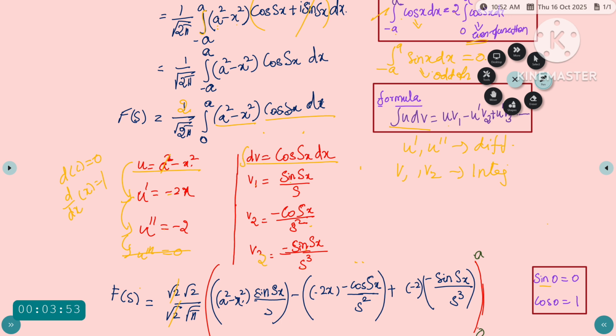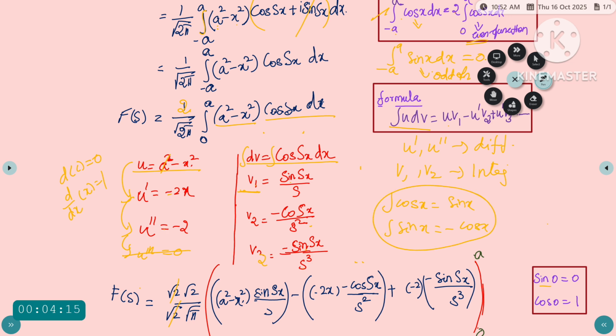So first integration, integrating on both sides. What is the integration of dv? We are taking the integration of dv as v1, that is the first integration. What is integral cos x? Integral cos x equal to sin x, as well as integral sin x equal to minus cos x.